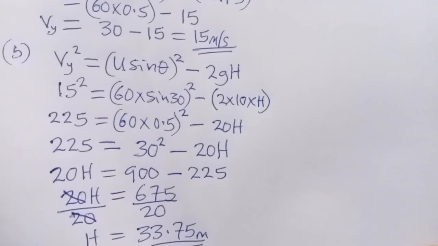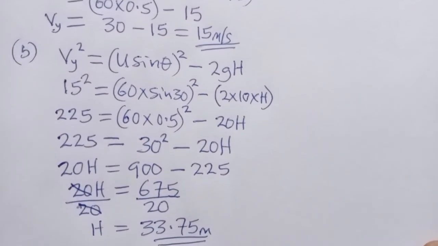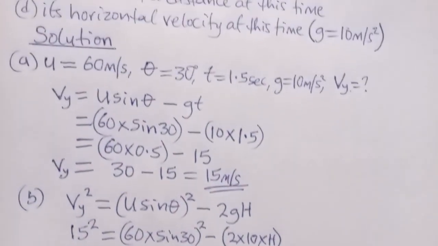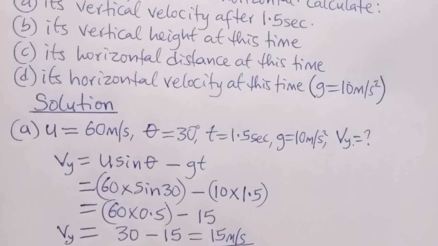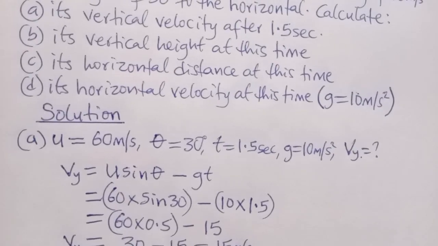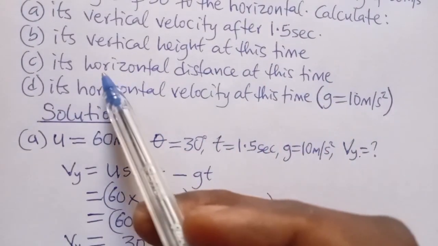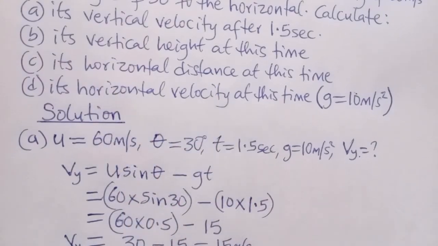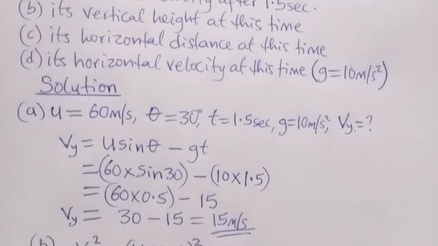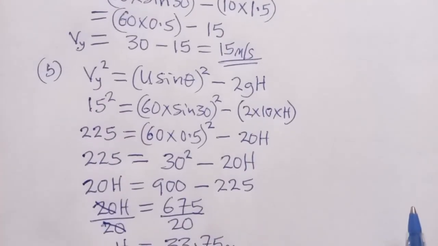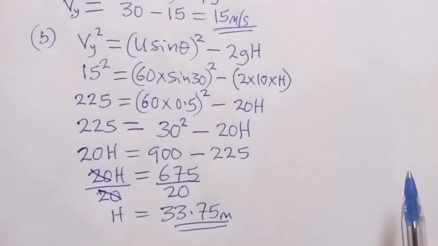Now let's move to question C and see what the question is asking us. So the C question here is saying that we should calculate the horizontal distance at this time. Now, in calculating horizontal distance, we are no longer going to use the vertical component of the velocity.